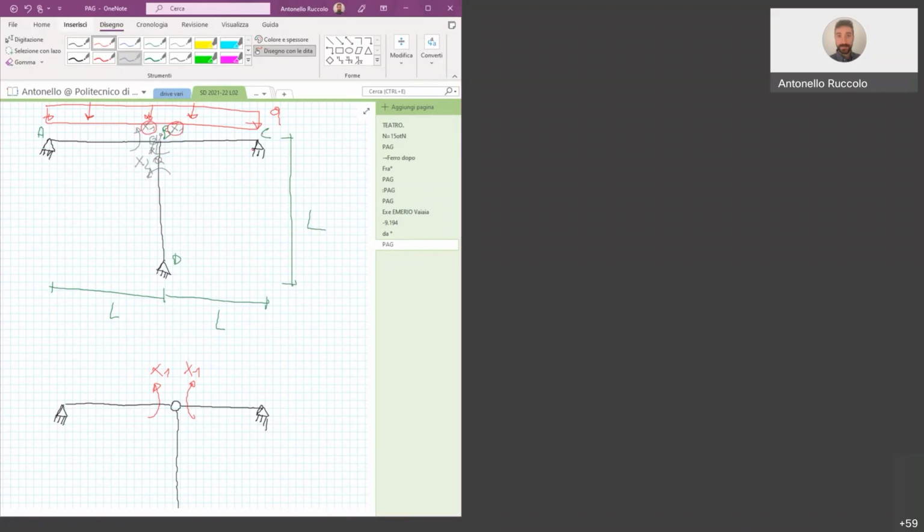Then we have X2. X2 is surely applied on the beam BD. It is here, this one. But it is also applied here. Similarly to before, since we have this hinge here, this bending moment is only transferred to the beam BD. Sorry, BC.